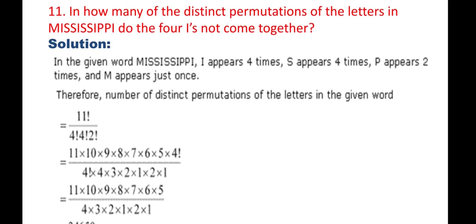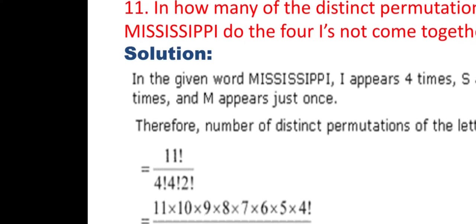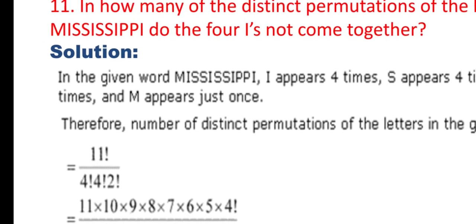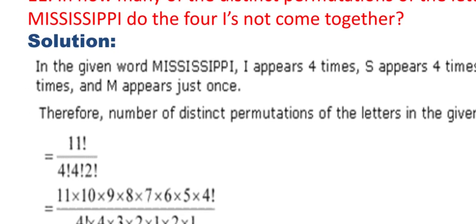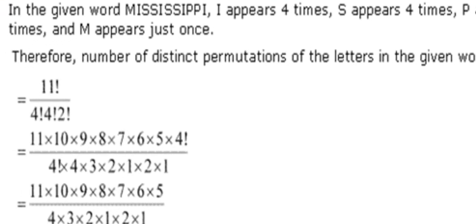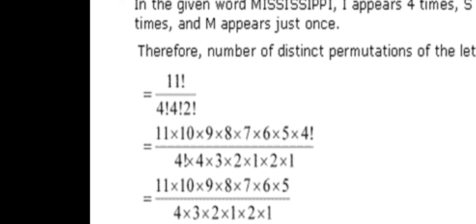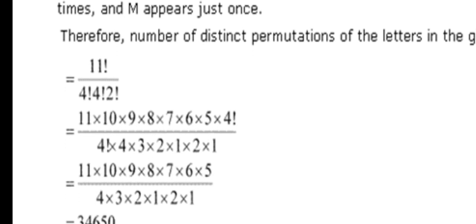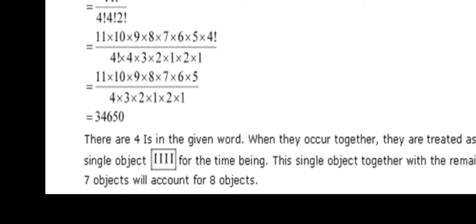So the total number of permutations will be 11 factorial, since the total number of letters is 11, divided by the repeated letters: factorial 4 for letter I, factorial 4 for S, and factorial 2 for P. Only the repeated numbers will be in the denominator. After expanding it, we get 34650.